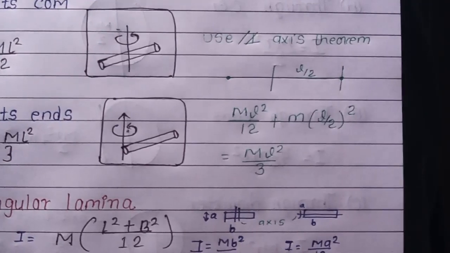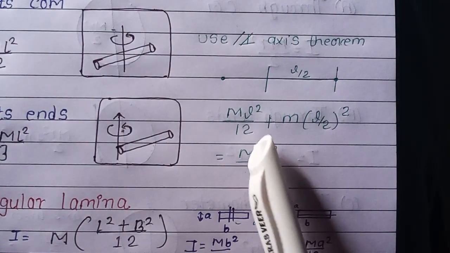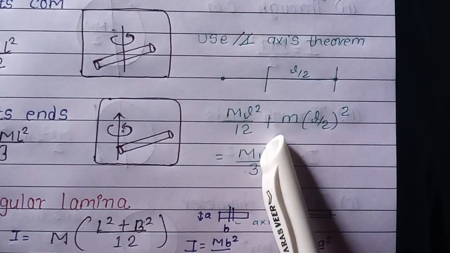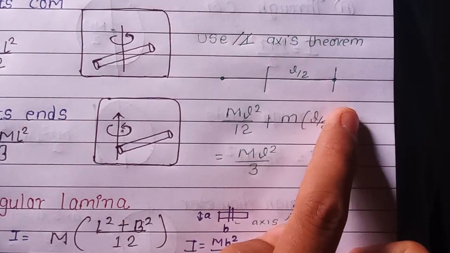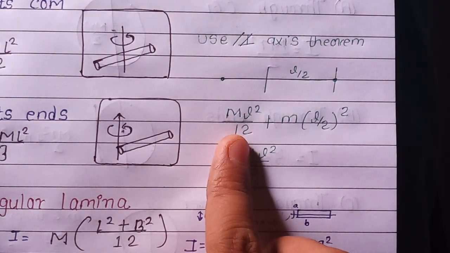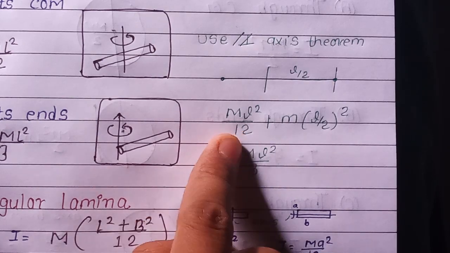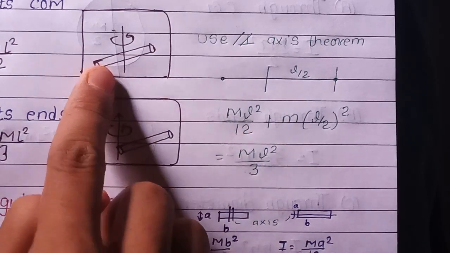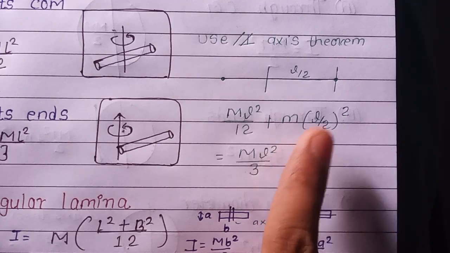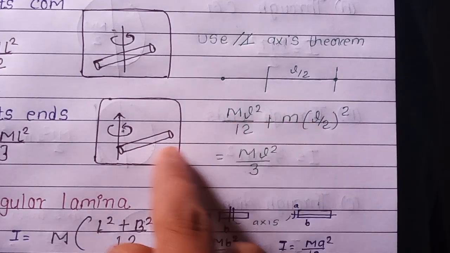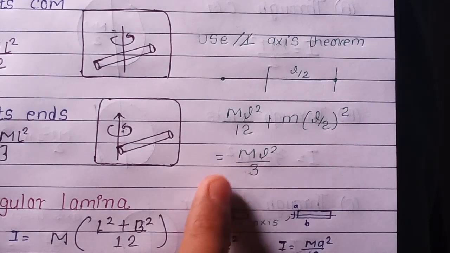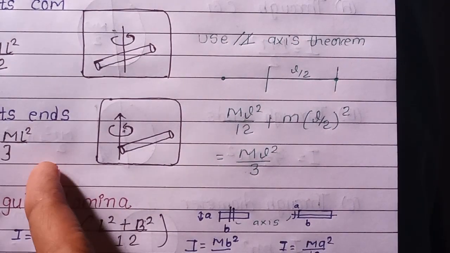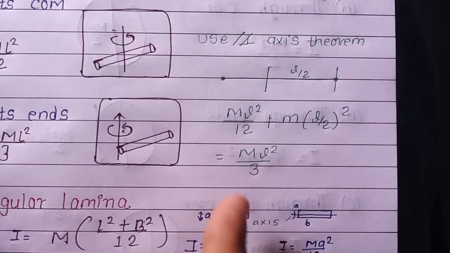Here ml square by 12 is the moment of inertia about the center of mass, plus m d square, where d is l by 2. So (l by 2) square, and we find about the ends m l square by 3.